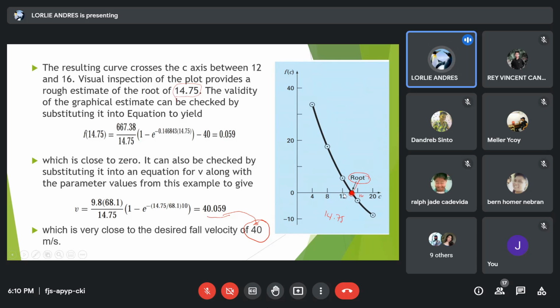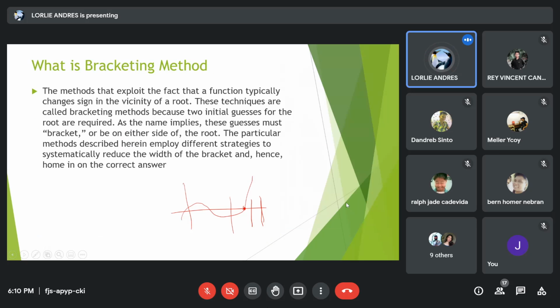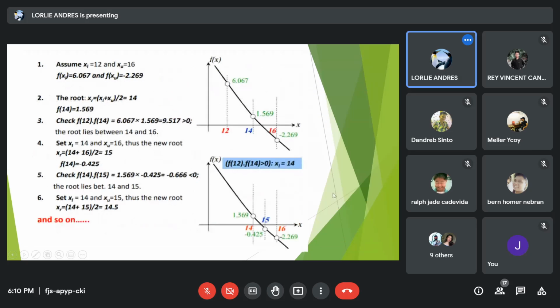Naa siya sa in-between ni 12 ug ni 16. So meaning, pwede nato gamiton si 12 as our lower guess value and then si 16 as our upper guess value. Pwede po ka actually mo gamit kay 8 ug 20 or 8 ug 16. Kay naaman sa tunga nila or naaman sa ilahang range na belong ang imuhang root value. Pero mas duol si 12 ug si 16. So 12 as the lower guess value and then 16 as the upper guess value.